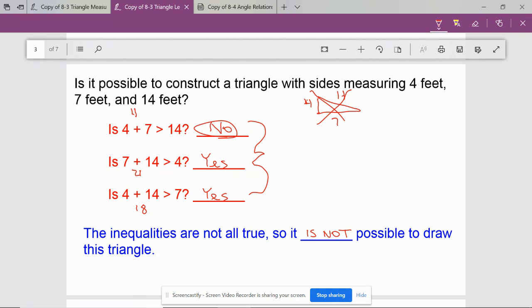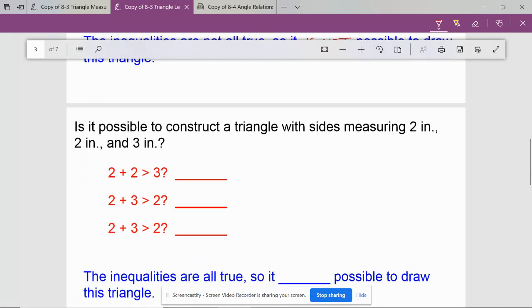So we have to keep that understanding. We did every combination of two sides added together and compared to the third side. We had one combination that came up with a no, so that means that triangle is no good. We have to get all 3 yeses.